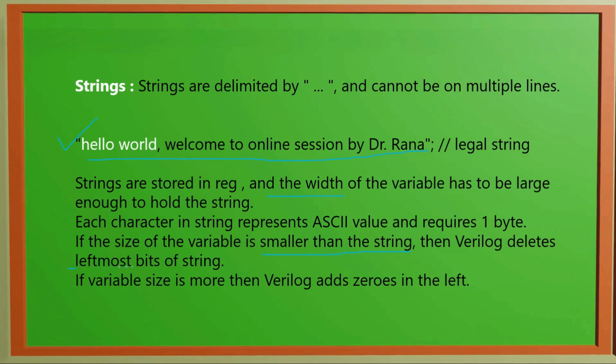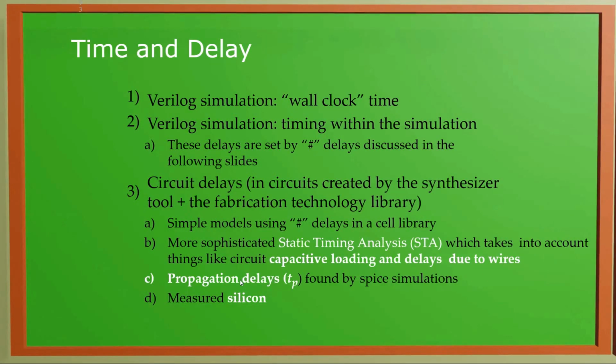It will delete the leftmost bits and the available storage register value will be displayed. If the size is bigger, then the left side will be filled with zeros with the complete message displayed on the signal. So whatever our string is, it must have a proper storage element. That much size of register must be available.